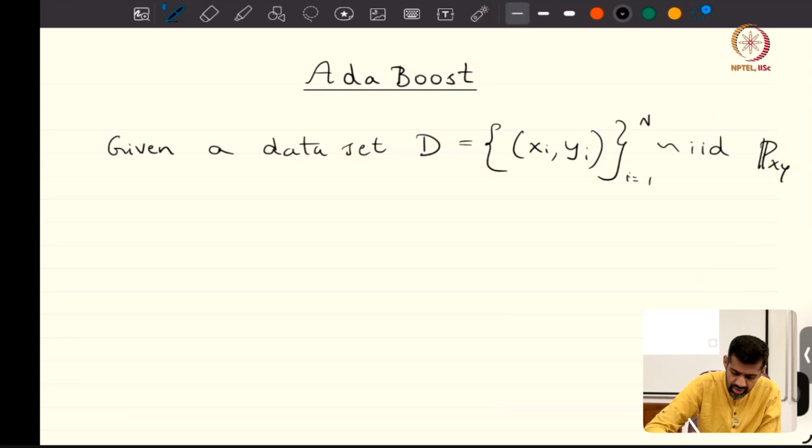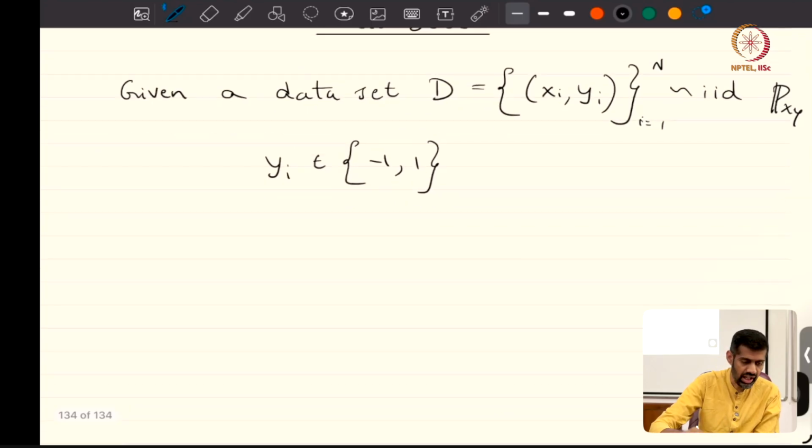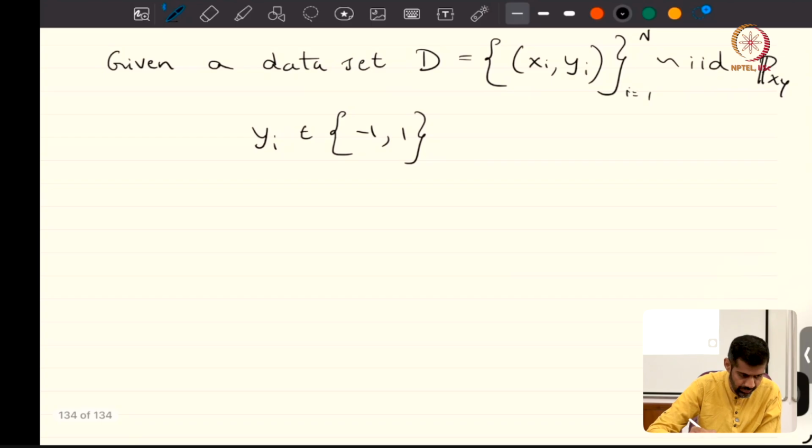Let us consider a binary classification problem, and let the labels be -1 and 1. Again, -1 and 1 because the algebra works out nicely. The AdaBoost algorithm is as follows.